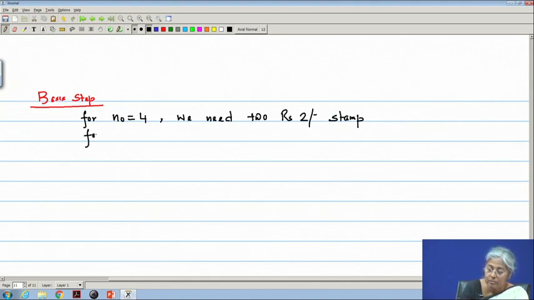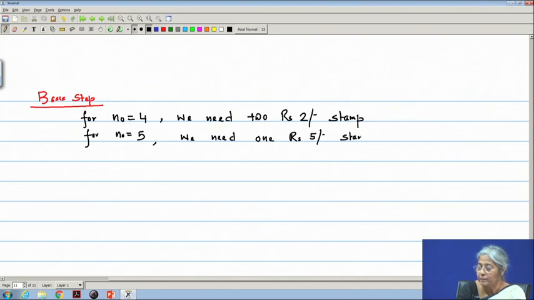For n0 equal to 5, we need one ₹5 stamp. So, postage of ₹4 and ₹5.